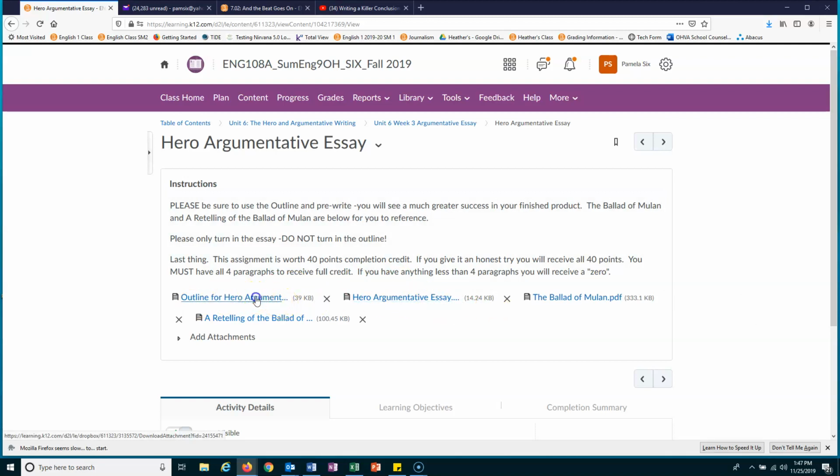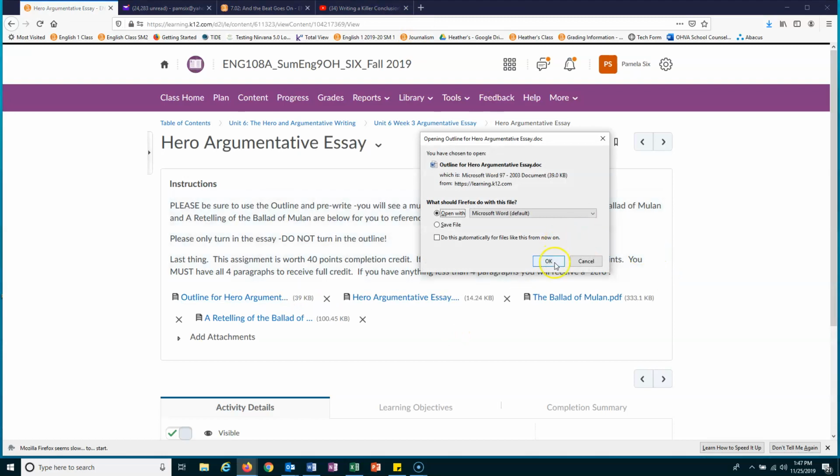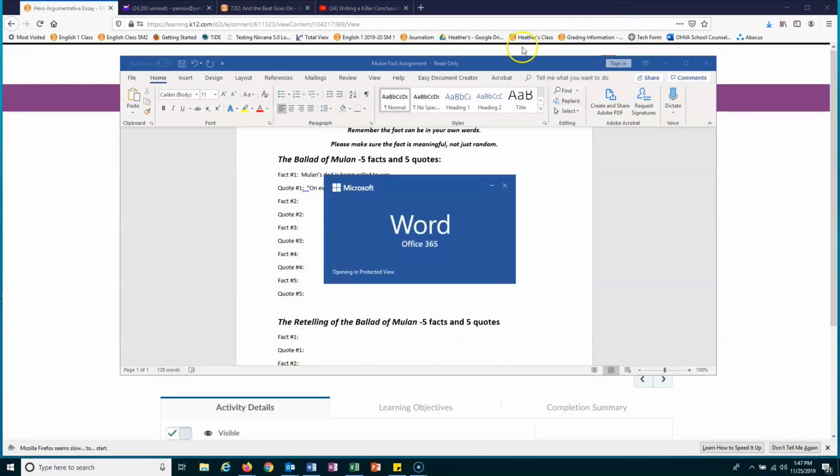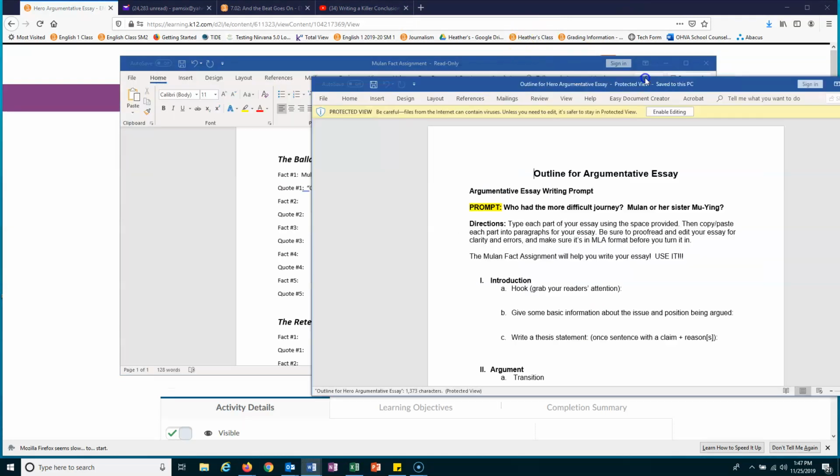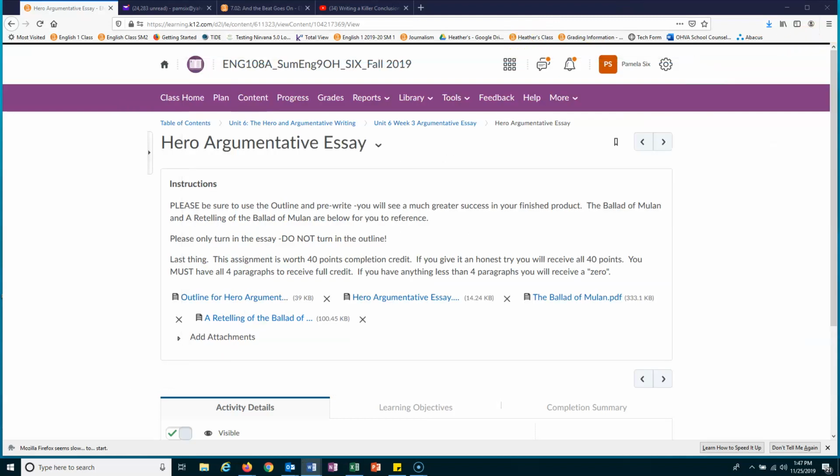The other is the actual assignment itself. And then the 2 readings that you need to have complete for this assignment: the Ballad of Mulan and a retelling of the Ballad of Mulan. Okay, so those are the things that you are going to need. These are your resources for the assignment.